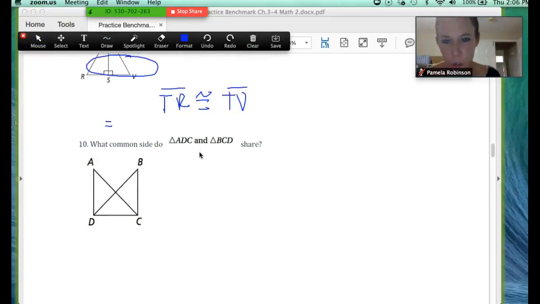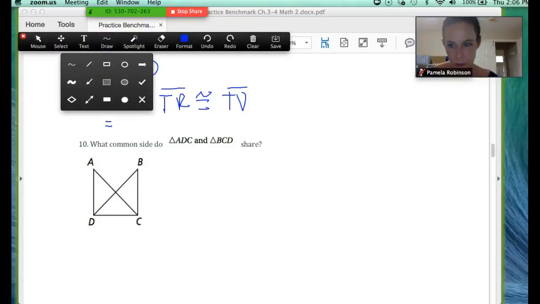What common side do triangle ADC and triangle BCD share? You can break this one apart. If you are not a visual person and you want to break these apart, you can do it like this.